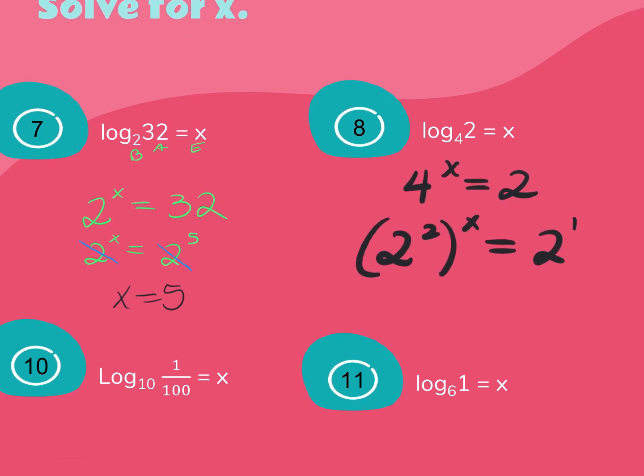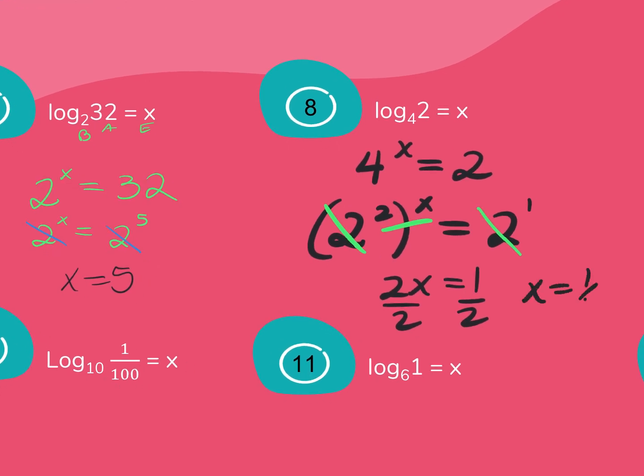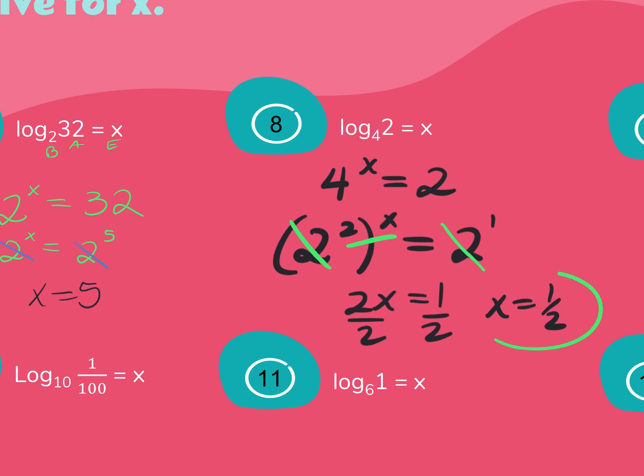So now that I have the bases the same, get rid of the 2's, and now I have to multiply this power to the power, and it ends up being 2x equals 1, divide by 2, and x equals 1/2. And if you think about it, if you plugged in the 1/2 into 4 to the x equals 2, 4 to the 1/2 power is really the square root of 4, and the square root of 4 is 2, and it checks.